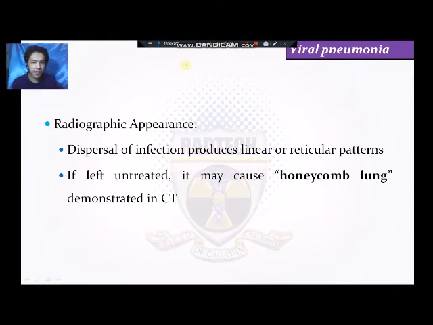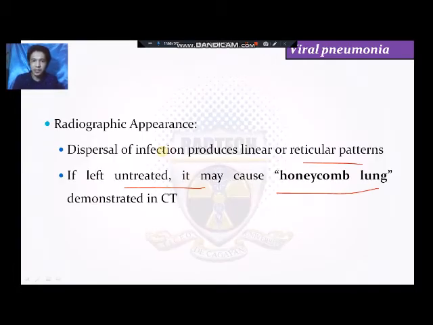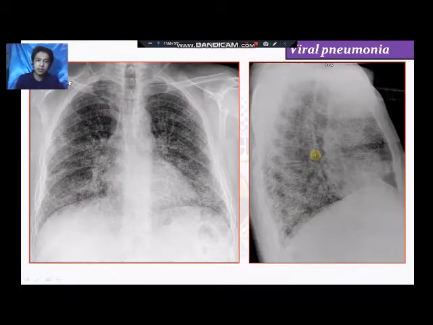Okay, so radiographic appearance, if our patient has viral pneumonia: dispersal infection produces linear or reticular patterns, and if left untreated, it may cause a honeycomb lung appearance demonstrated in CT. Okay, so it is almost also demonstrated on X-ray. So again, these are linear or reticular patterns. Again, the appearance of the lungs is supposedly all black.